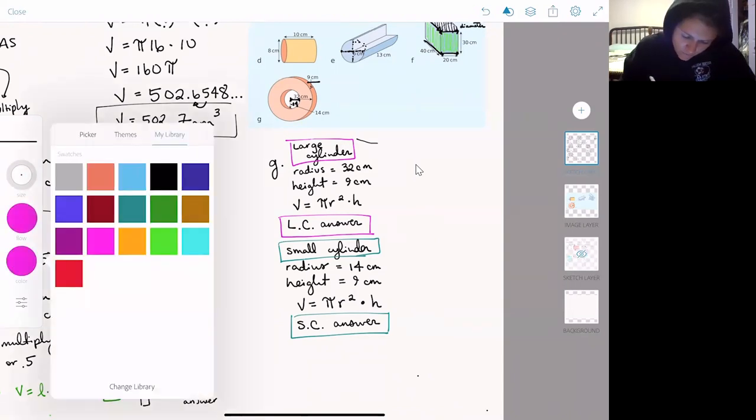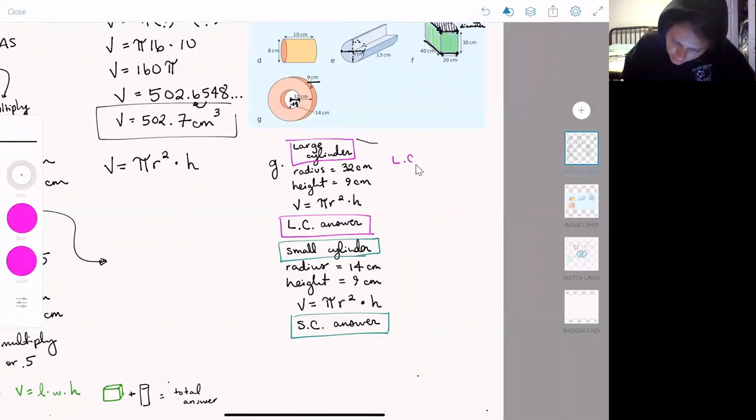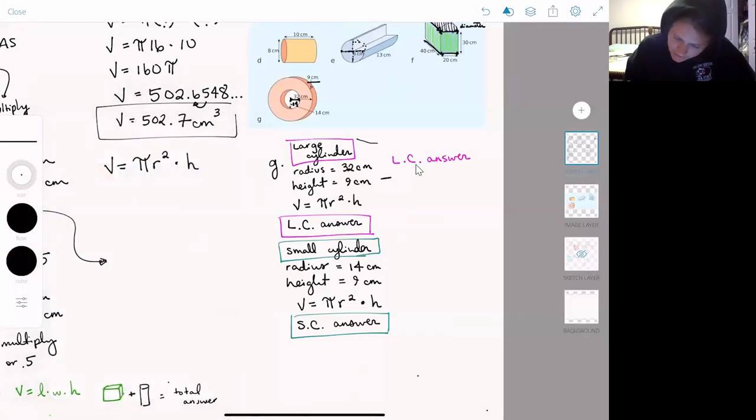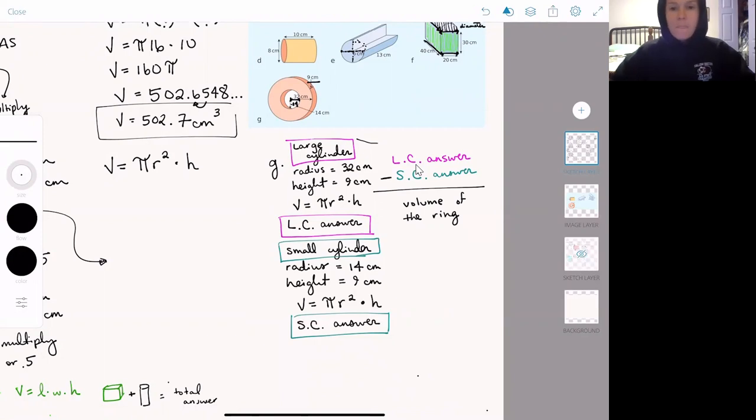So I'm going to take my LC answer and I want to subtract my SC, my small cylinder answer, in order to get the volume of the ring. Okay, so that's the process I want to take.